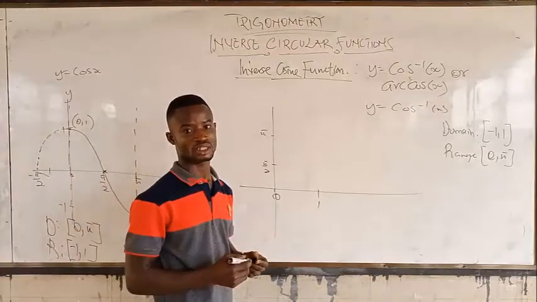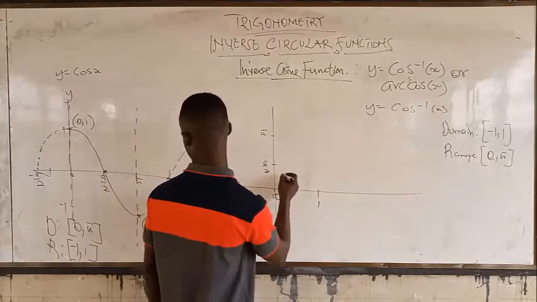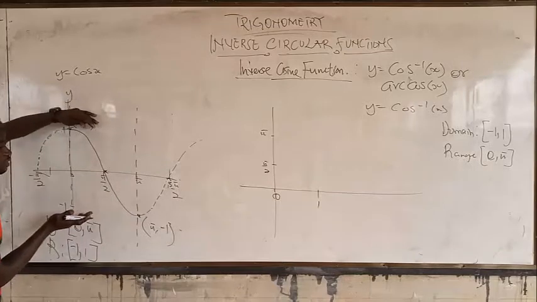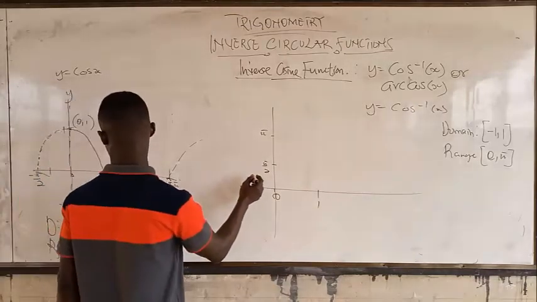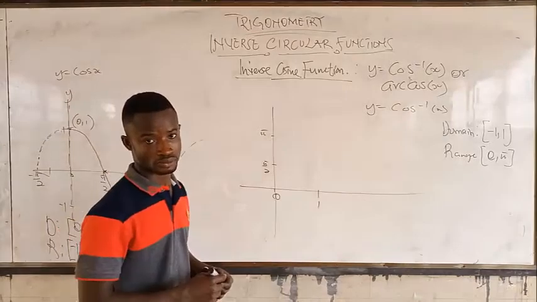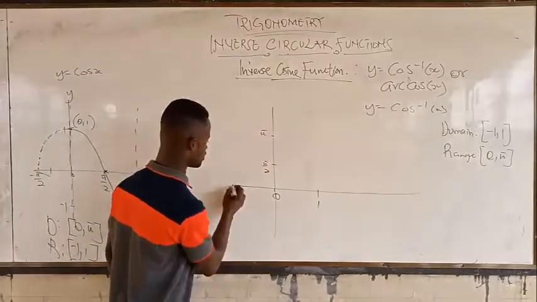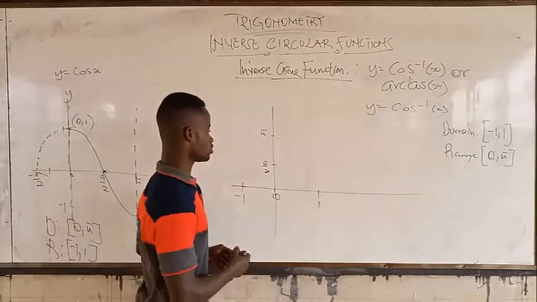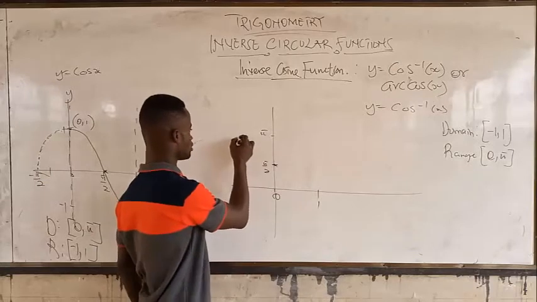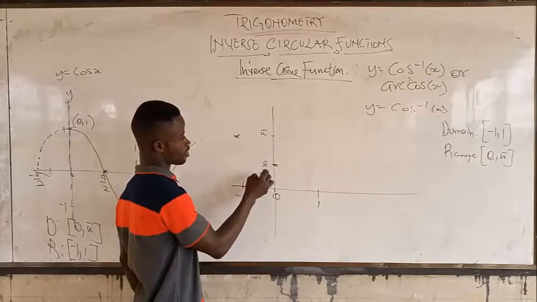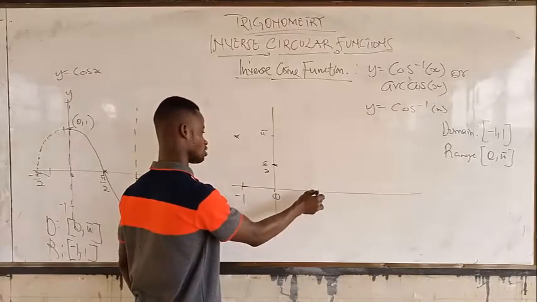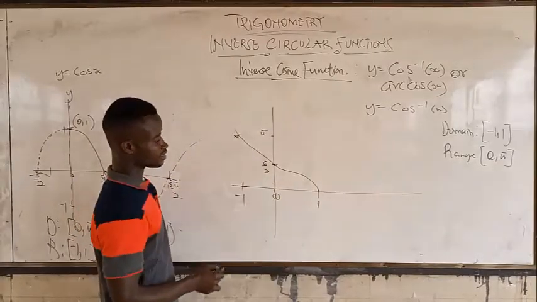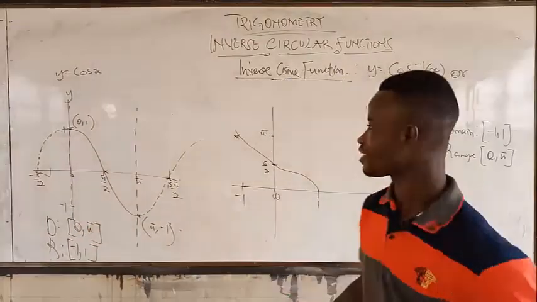This one even doesn't come in. So here we are going to get a curve like this. Here it will be -1. So we start from here, then here, and we are going to get it. So that's how it's going to be.